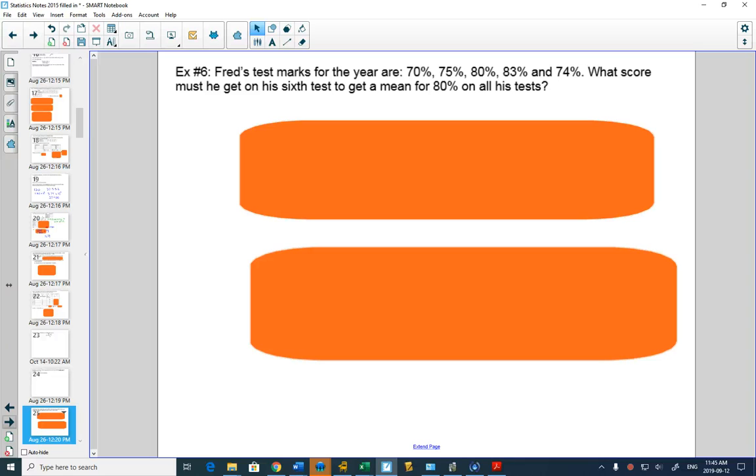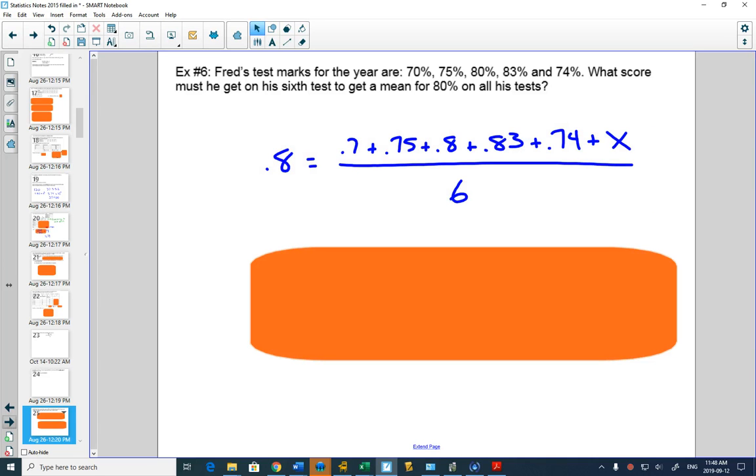And now we get into some practical questions that you guys always ask. What do I need to get on my next test? All right, check your setup on this one. We introduced the variable x or any other one here to say I don't know what that score is on that last one.